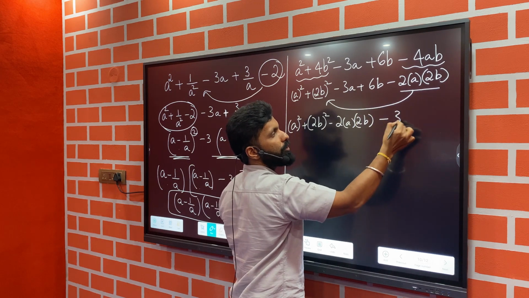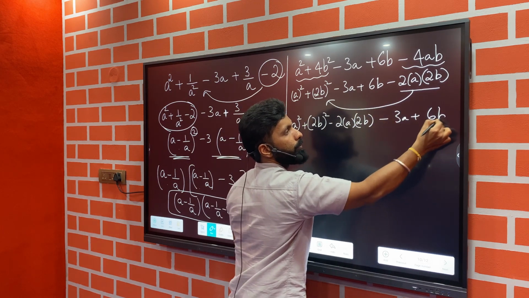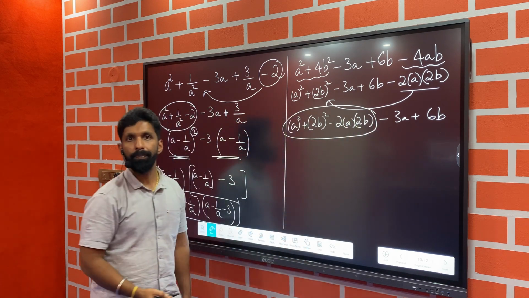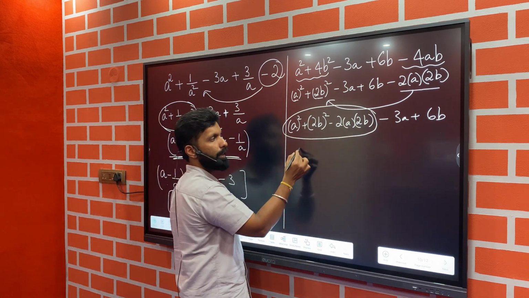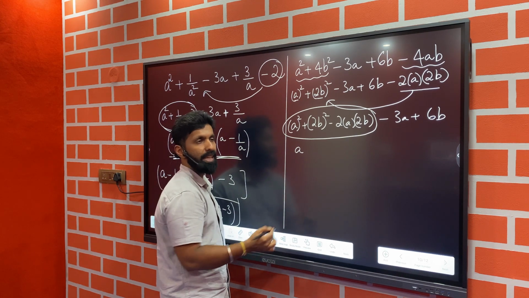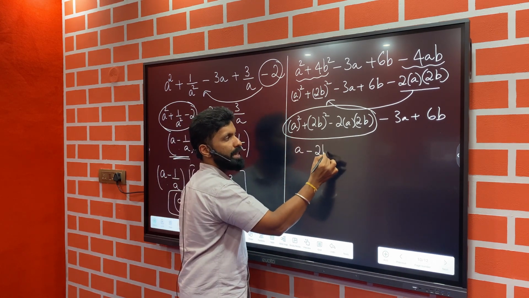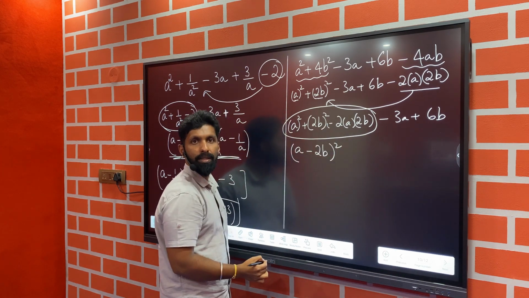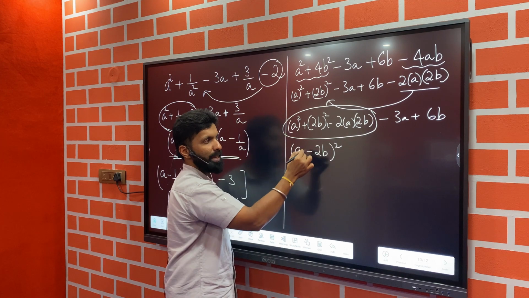Minus, I copy the rest of the terms. Are you able to understand that this is some expansion? Is this the expansion of a plus 2b the whole square or a minus 2b the whole square? Obviously, it is a minus 2b the whole square because of the minus sign here. If it was a plus sign here, then it would have been a plus 2b the whole square.